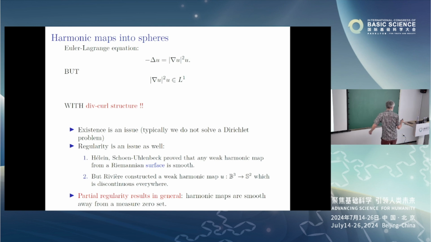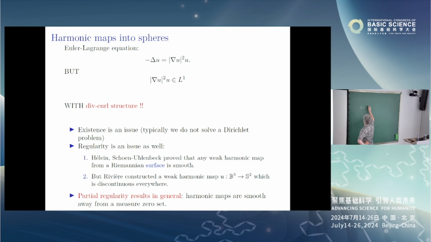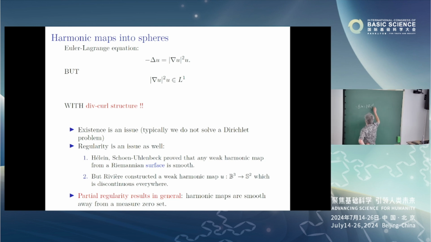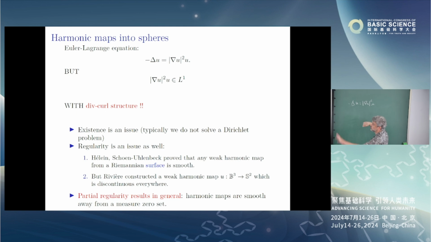Let me write the argument. You are considering critical points, solutions of this equation, and you get the equation because of this constraint. This is in L1, but if you use the algebraic structure of the right-hand side, you can prove that it is actually in a better space, which is the Hardy space H1.